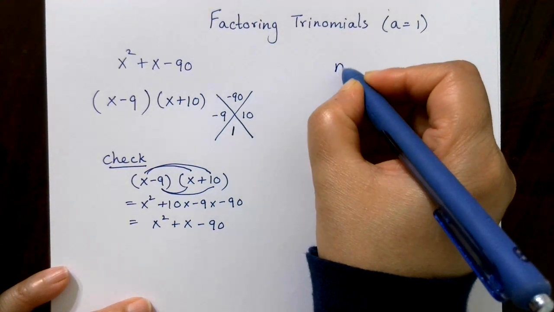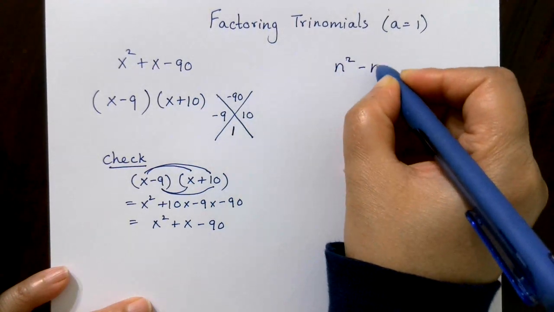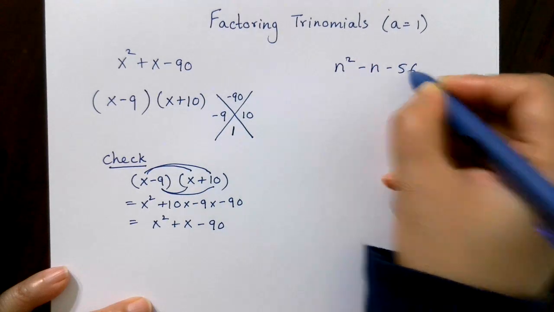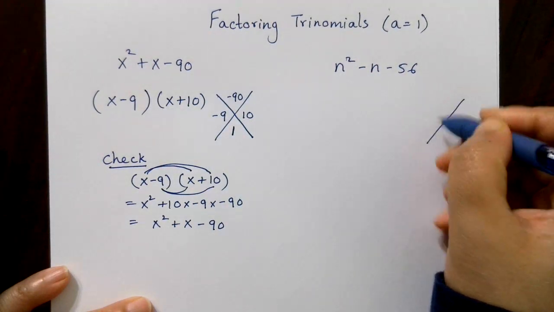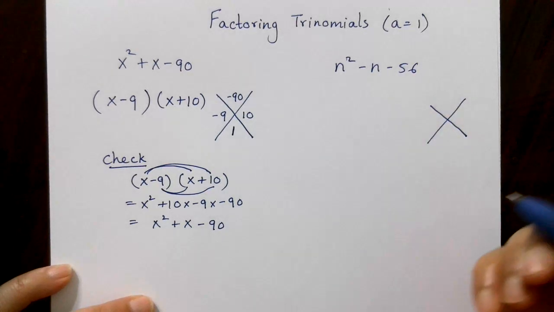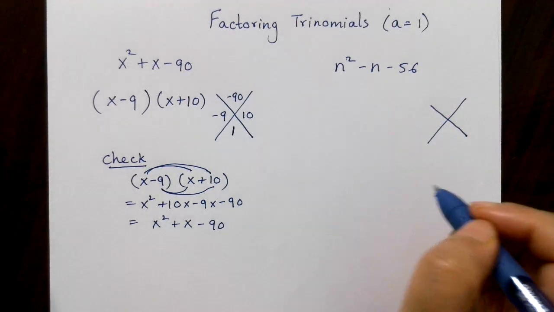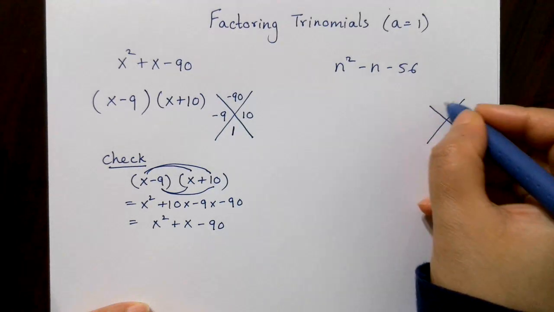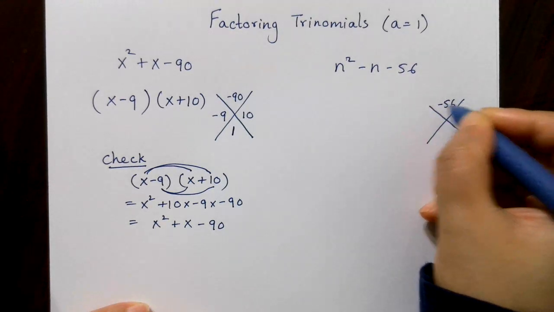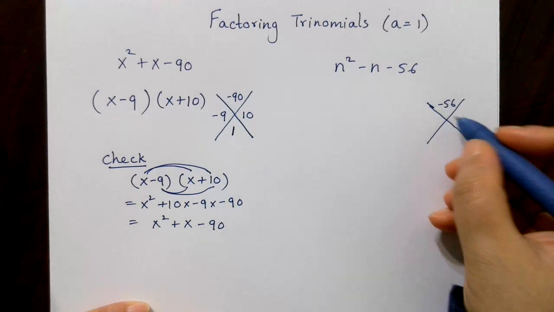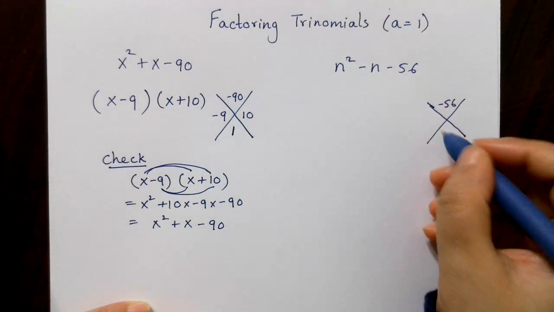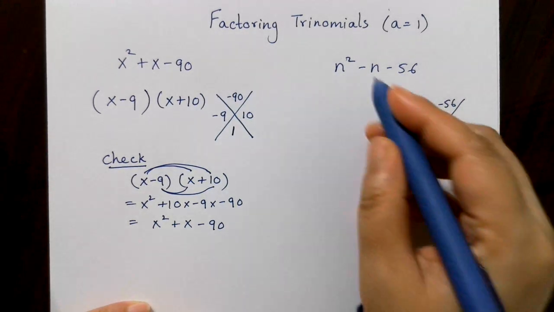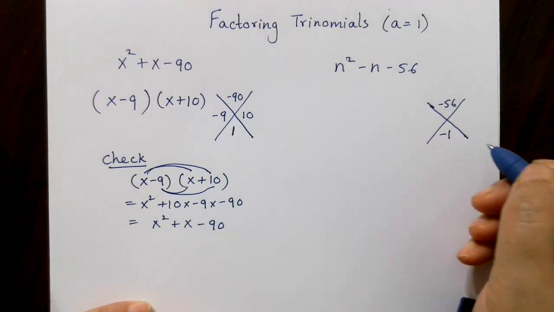Let's move on to the next one. n squared minus n minus 56. So we always have to start by putting an x whenever the leading coefficient is 1. Now we need factors of the constant, which is negative 56, that add to negative 1, the coefficient of n.